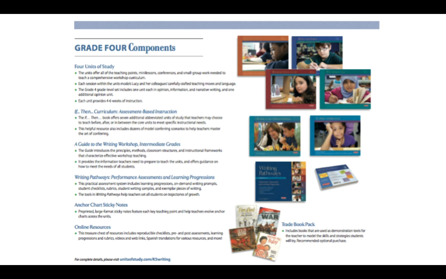Each writing unit of study kit can be registered online to gain access to the online resources. There you'll find the materials needed for each session, checklists, rubrics, Spanish translations, and much, much more. Finally, each unit will reference a mentor text to use to enhance student writing. A trade book pack can be purchased to accompany the writing unit of study.